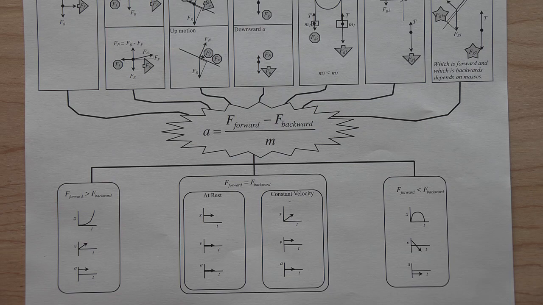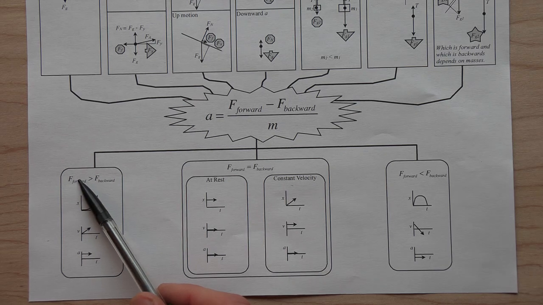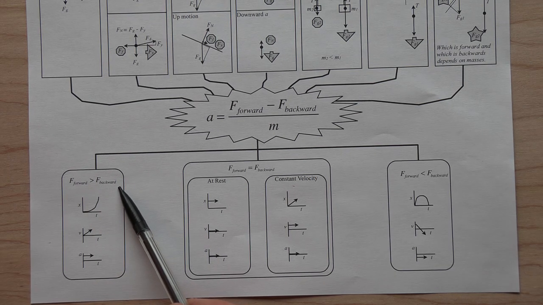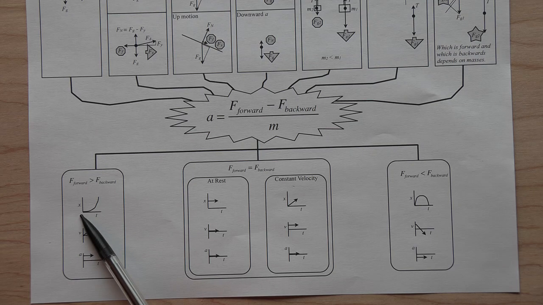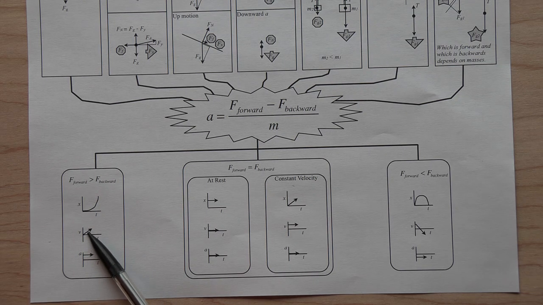Different things are possible. If, for example, the forward force is bigger than the backward force, then the object will accelerate in speed and gain velocity. Maybe it starts at rest, then with an acceleration we have a parabolic x graph, a linear velocity graph, and a constant acceleration.